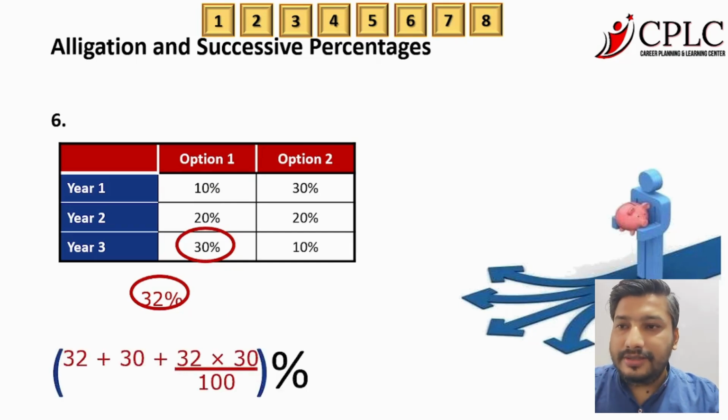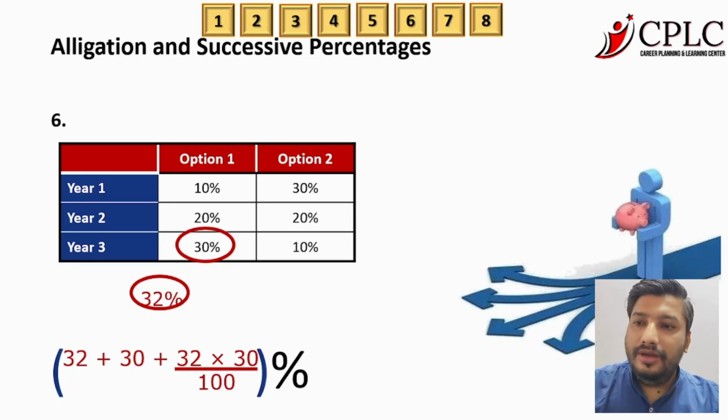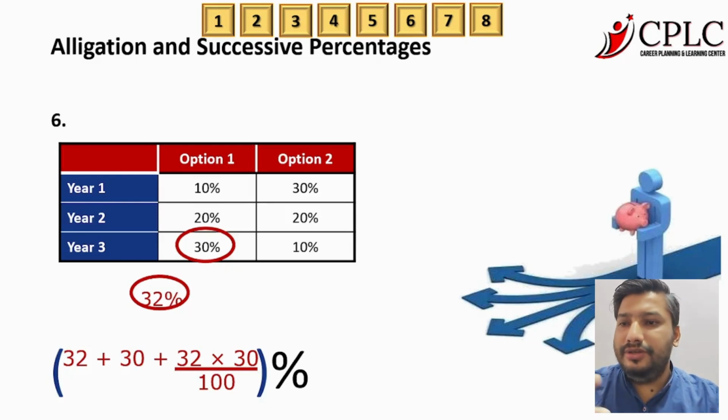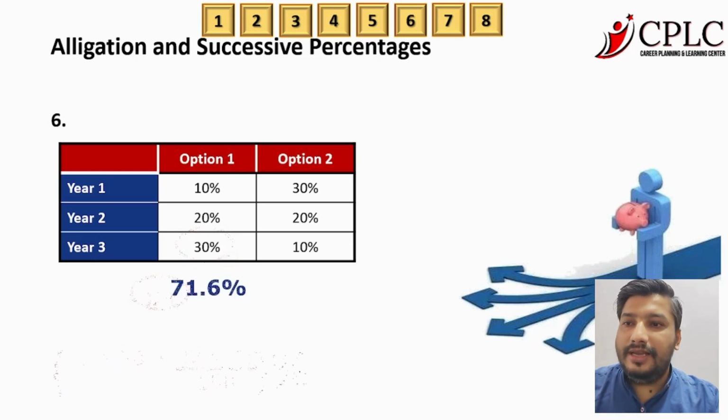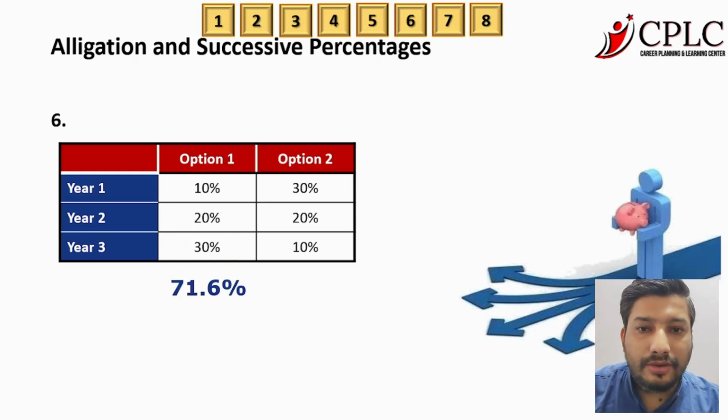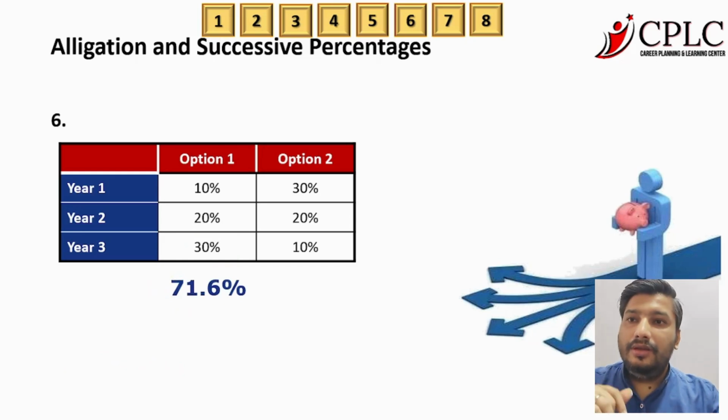So again, let's apply the formula. 32 plus 30 plus 32 into 30 upon 100. So that becomes 62, and 32 3s is 96, so 9.6 will be that. So 62 plus 9.6 is going to be 71.6% as your final overall answer.